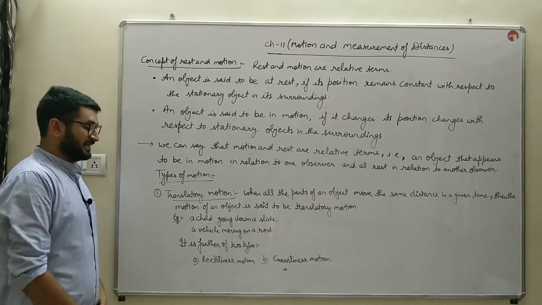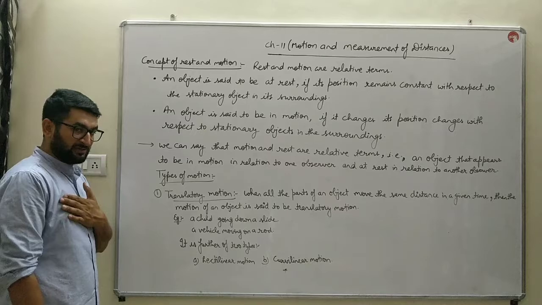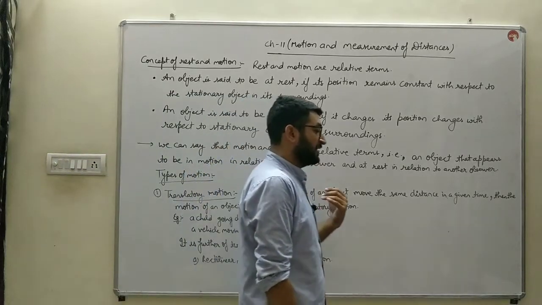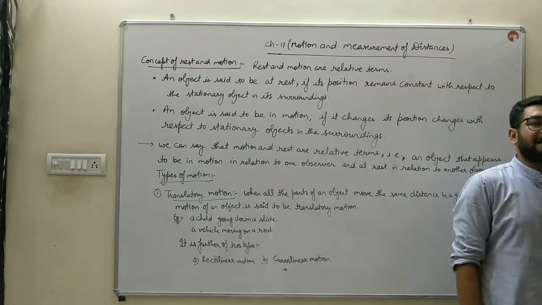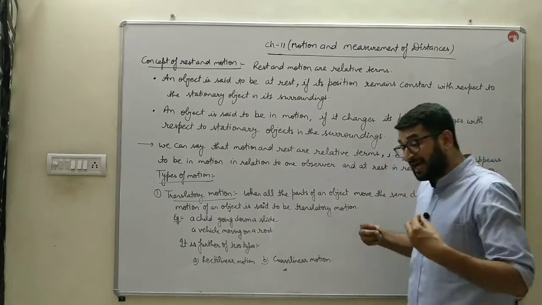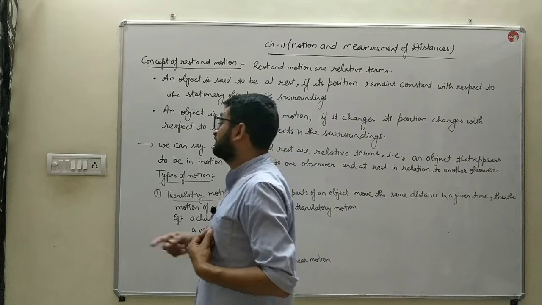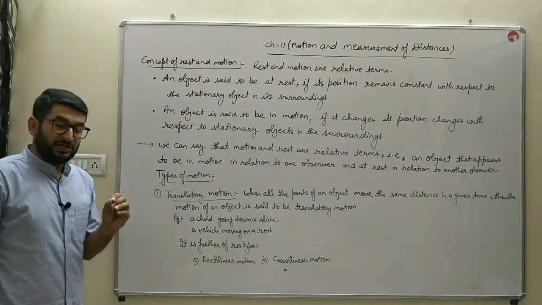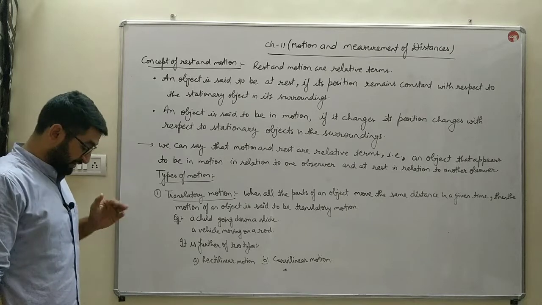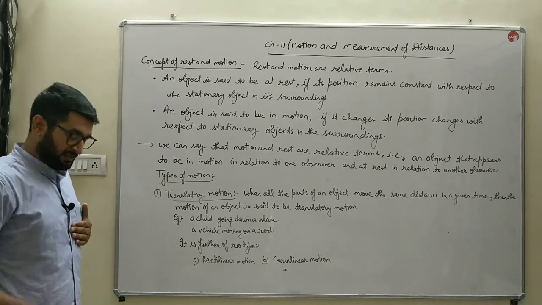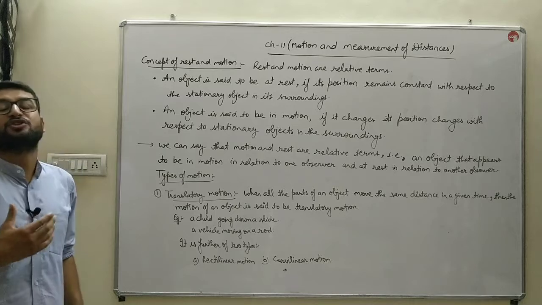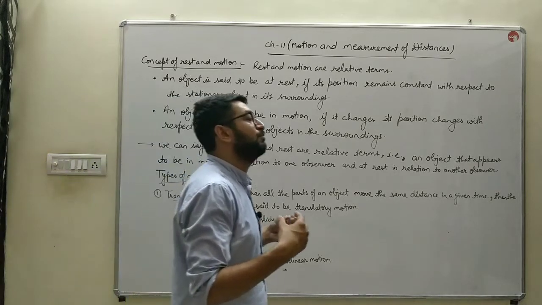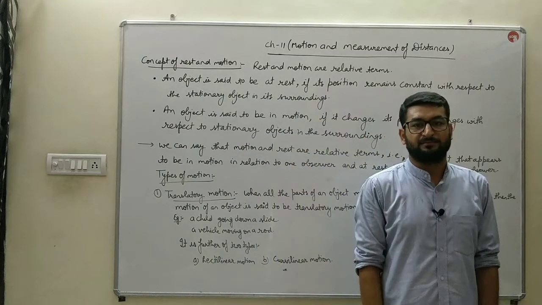If I am standing next to it, that means I am also at rest and this is also at rest. But if I start moving, then with respect to that end, I am changing my position. That means I am in motion with respect to this end. But if we talk about this mic with respect to me, then with respect to me, this mic is at rest whether I am moving or not.